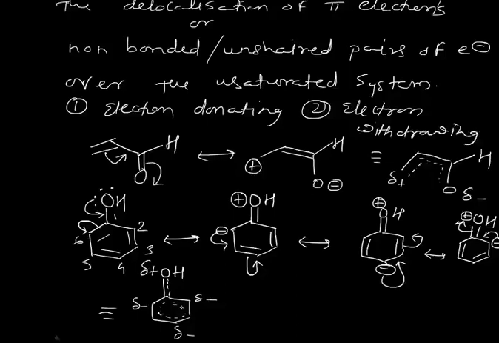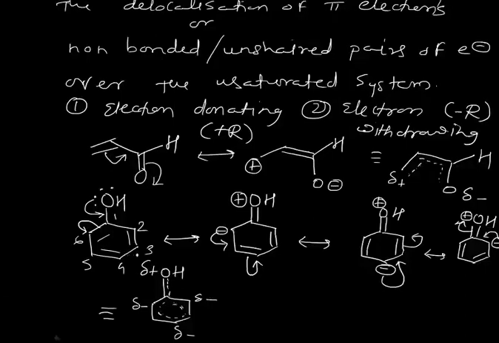So electron donating and electron withdrawing, two types of resonance effects are there. They are denoted by plus R and minus R. Electron donating is denoted by plus R, electron withdrawing is denoted by minus R.